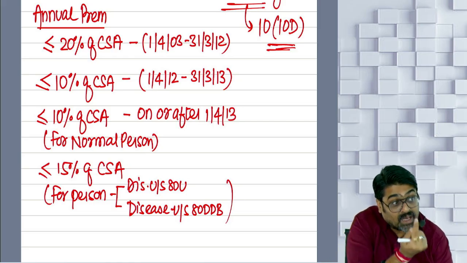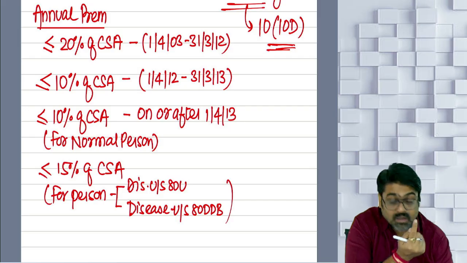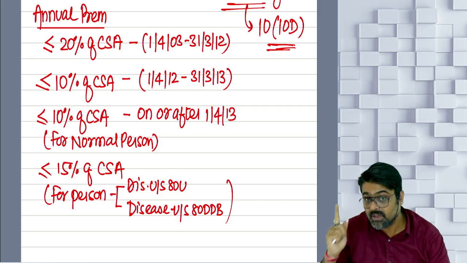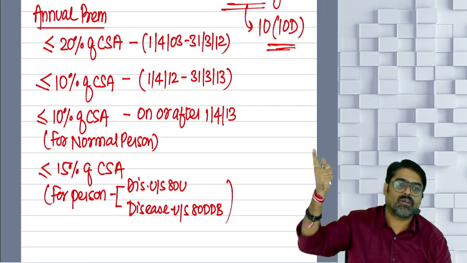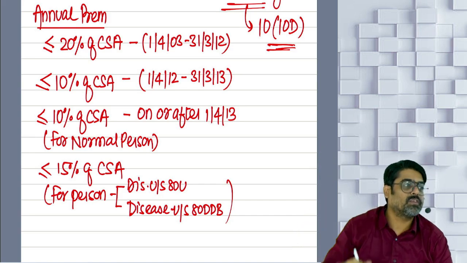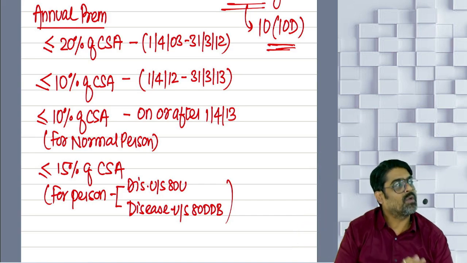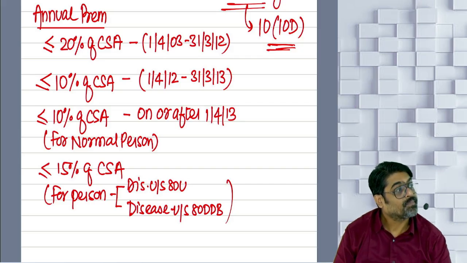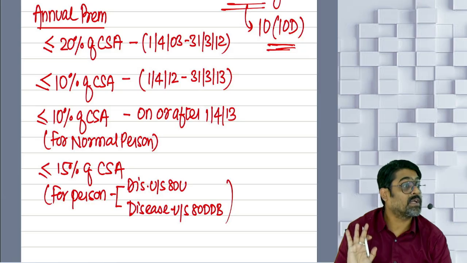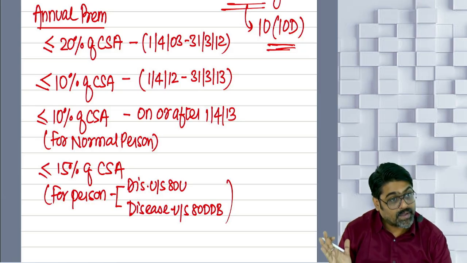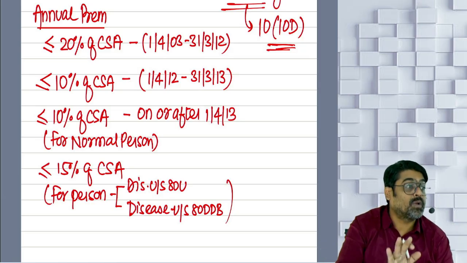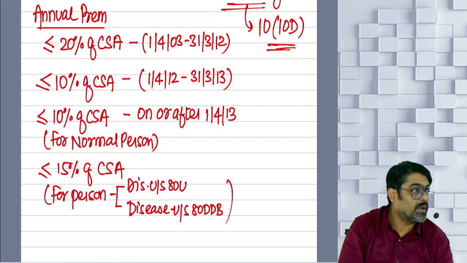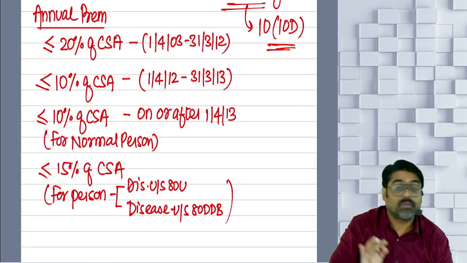Even for a single year, if the premium was more than this limit, then the maturity proceeds of the policy will not be exempt. So are you getting maturity proceeds from an insurance policy? Fully exempt under section 10(10D), provided the annual premiums on this policy you have paid so far every year are within the limit.